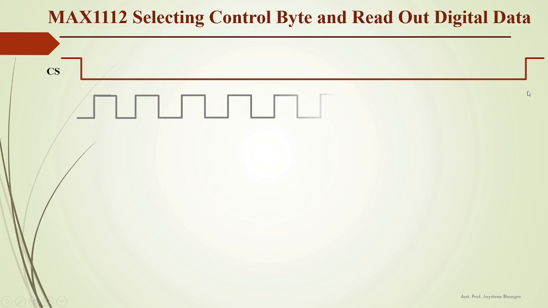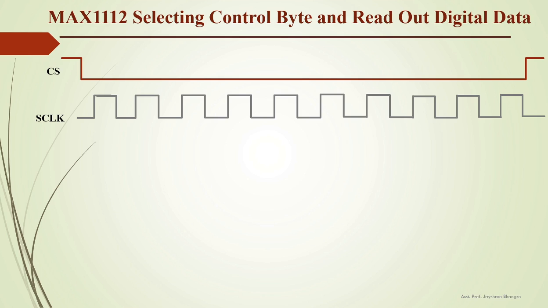Again, as this is a serial ADC, we are reading this data bit by bit, so the serial clock is required to read out this data. But for this reading operation we require a high to low transition, that is the negative edge. At the negative edge of every clock pulse, a bit can be read out of the ADC chip.